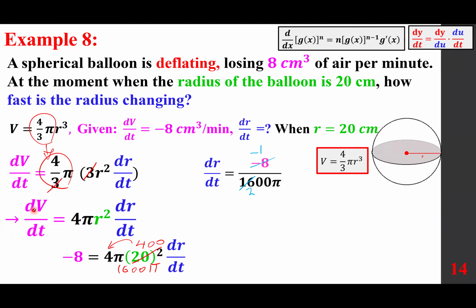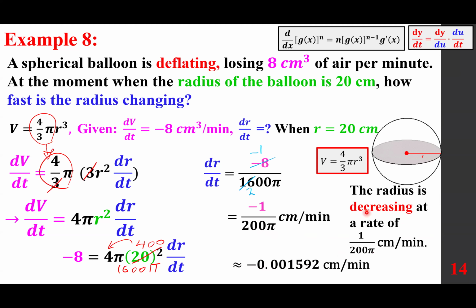So it becomes precisely negative 1 over 200 pi units of the radius, centimeters, per units of time, minutes. Therefore, precisely negative 1 over 200 pi centimeters per minute. Roughly, putting it into a calculator with a bunch of decimals, negative 0.001592 centimeters per minute.